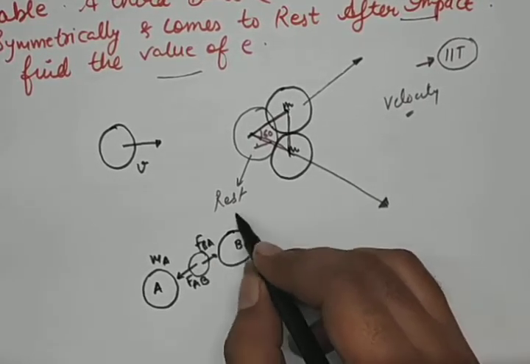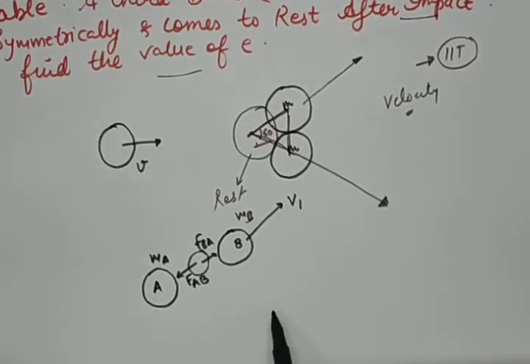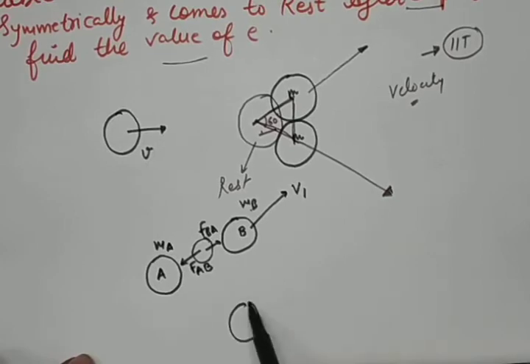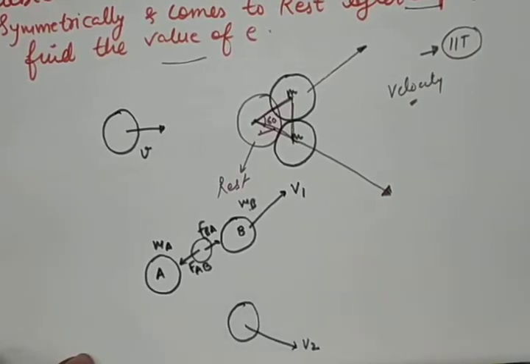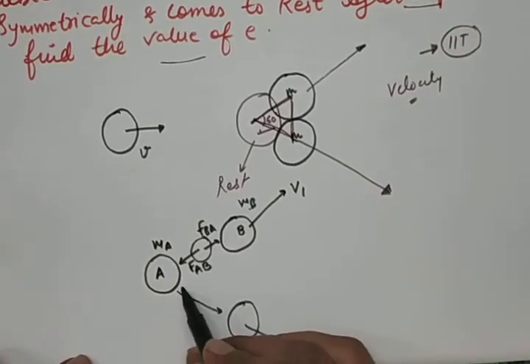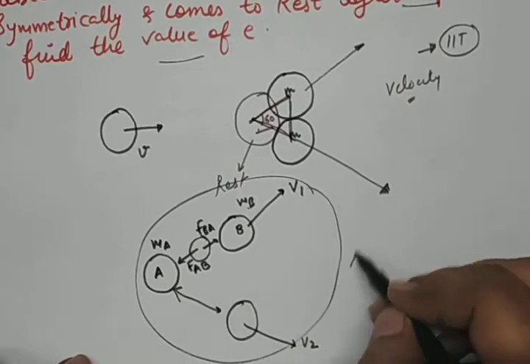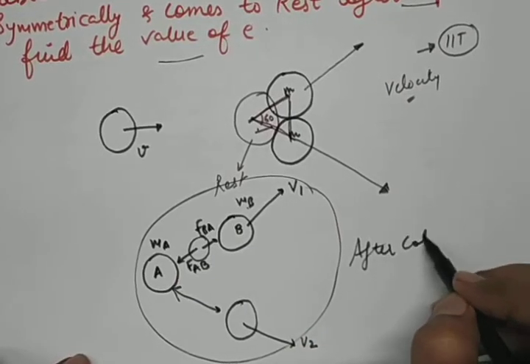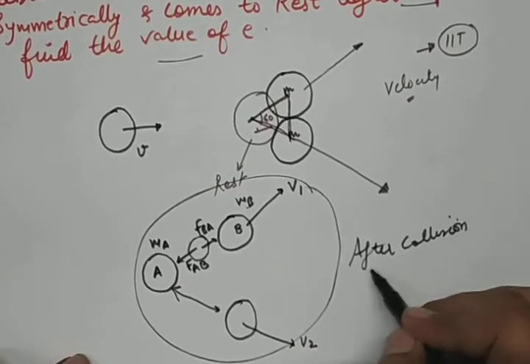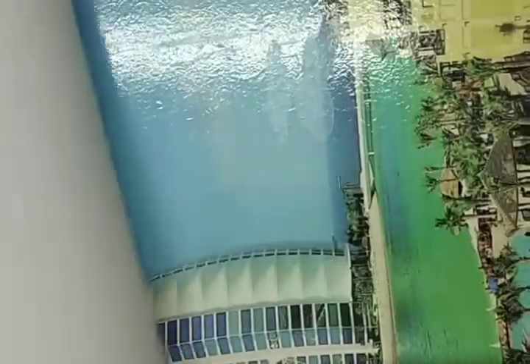This is body B having mass mb. Let the velocity be v1. And there is another ball, let the velocity be v2. Okay, after collision. This scenario is after collision. I hope this figure made a lot of things clear to you. The solution will take 2 minutes to explain, it is not that important, you should know this thing.